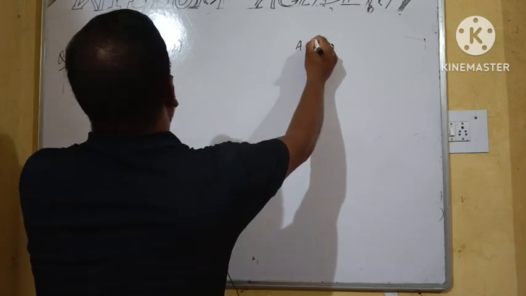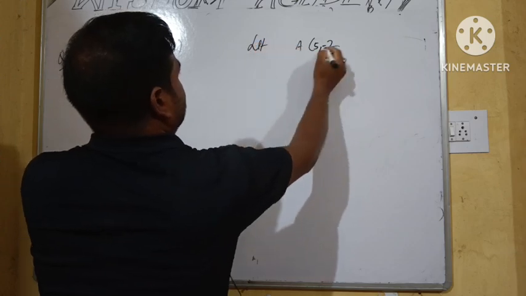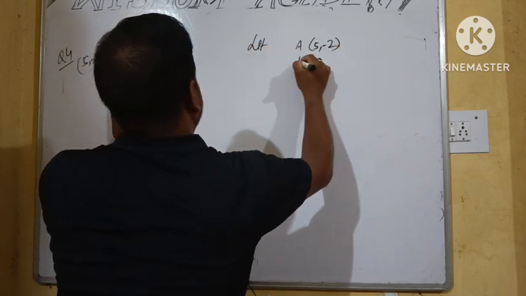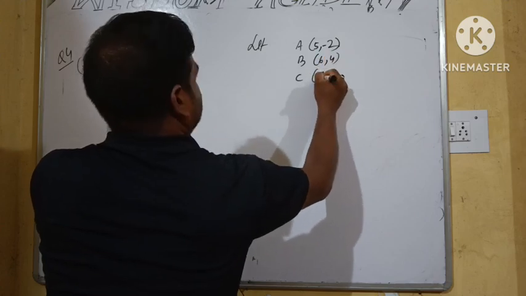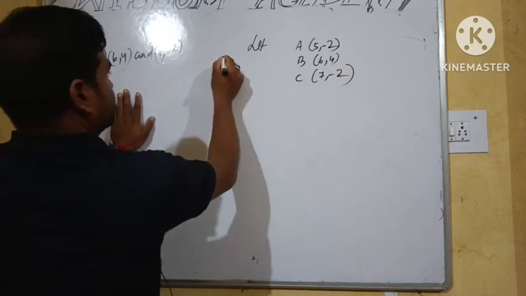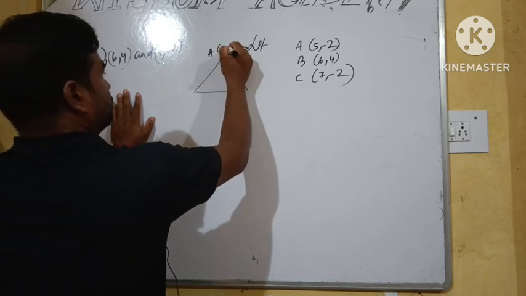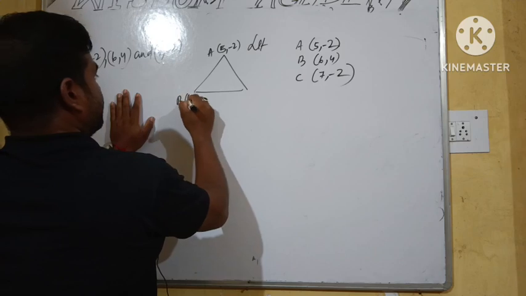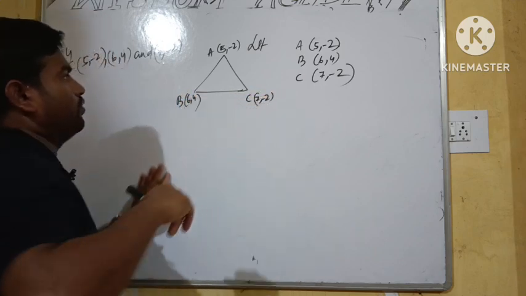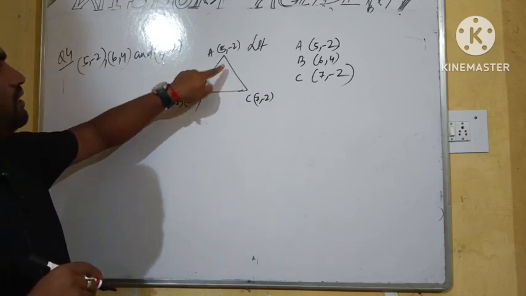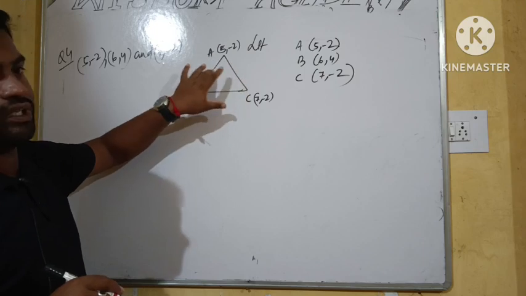Let us consider A is (5, -2), B is (6, 4), C is (7, -2). We have to check whether these are the vertices of an isosceles triangle.